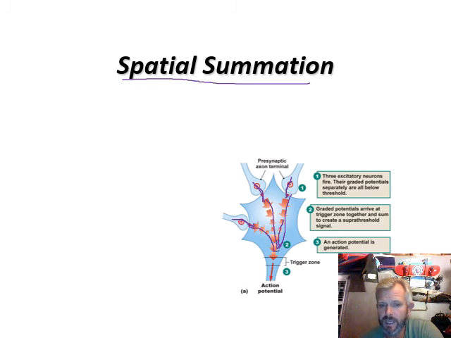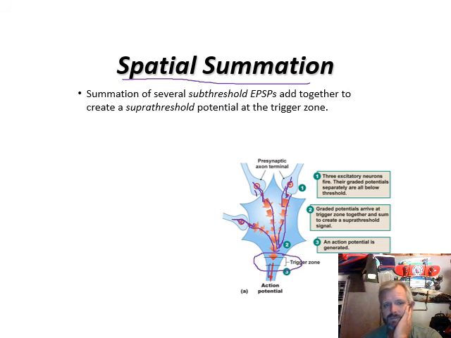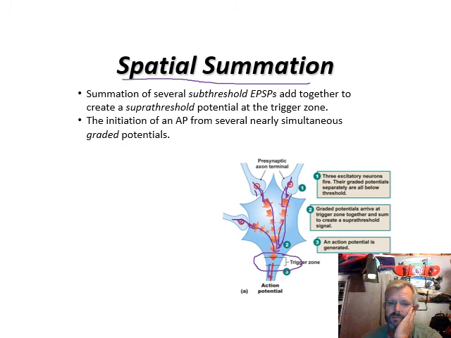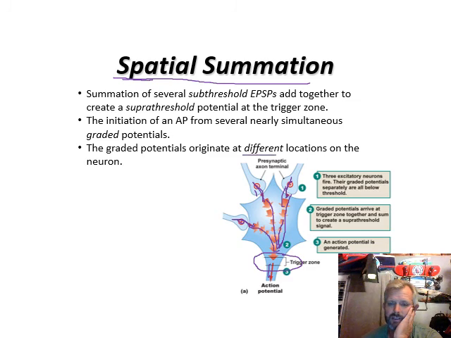They are over space because they are coming from multiple neurons, and if enough of this is excitatory and there's a big enough signal when it reaches the trigger zone, we can cue that action potential. Spatial, over space, because they're coming from different locations, different neurons.